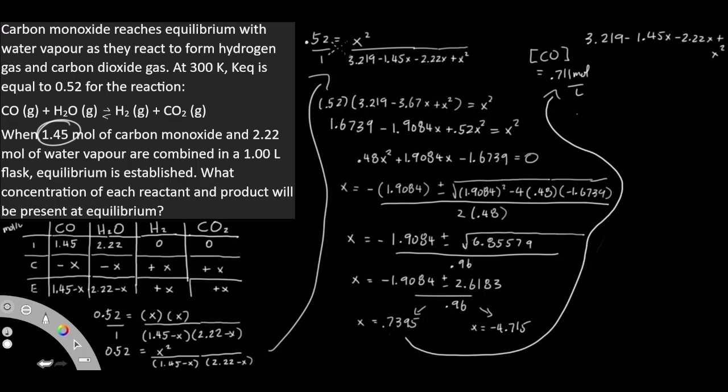So what do we end up having next? We have H2O, and our H2O is going to be 2.22 minus that value. What do you end up getting? 1.48 moles per liter. Next, we're going to be dealing with H2. That should be simple. It's only going to be an x value. Same with our CO2. So I'll just put CO2 here as well.